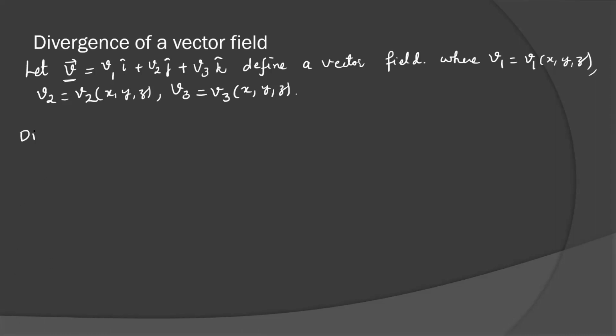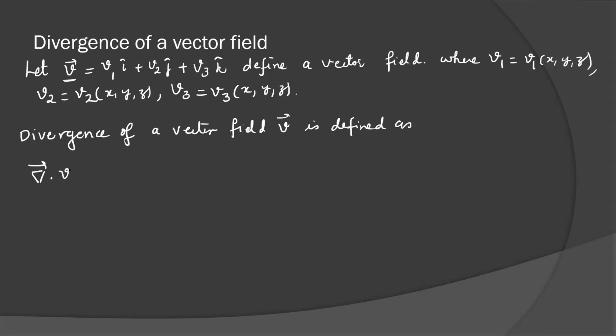So the divergence of a vector field V is defined as del dot V. It's a dot product with the del operator, or divergence of vector V. We have two notations for it.